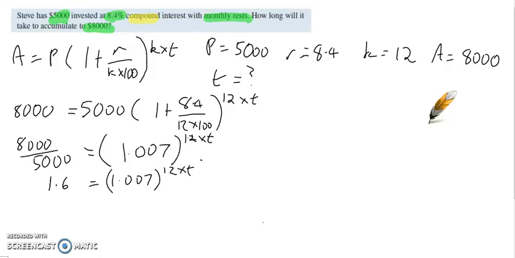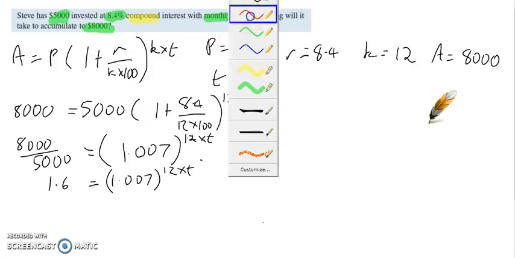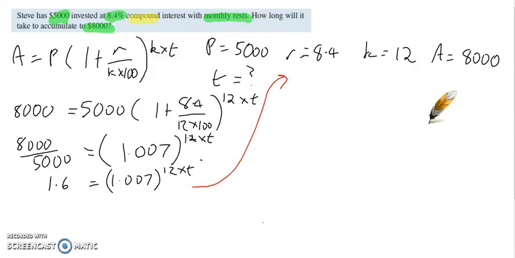So, we can write the log of 1.6 equals 12 times t times the log of 1.007. So what's happened is, log means that we can bring down powers effectively. So when we look at this, we've done the log of both sides, and we brought the power, which is 12 times t, down, and you multiply it through.